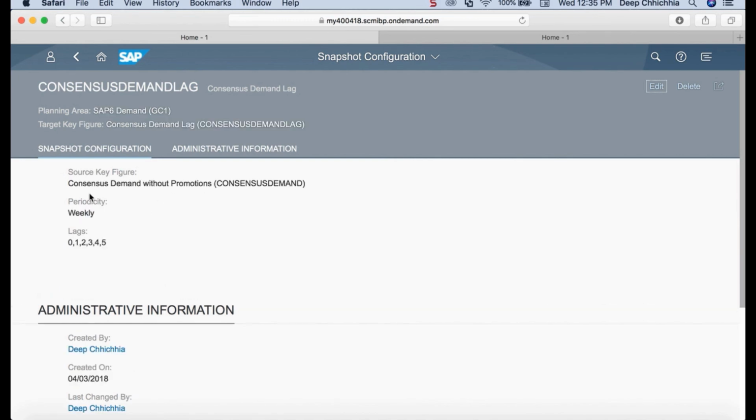So here you will see that my source key figure is my consensus demand without promotions. My periodicity is weekly and my target key figure is consensus demand lag. So my target key figure has a lag attribute attached to it. And the lags that we have chosen are 0, 1, 2, 3, 4, and 5.